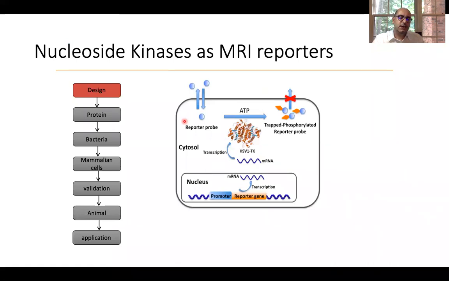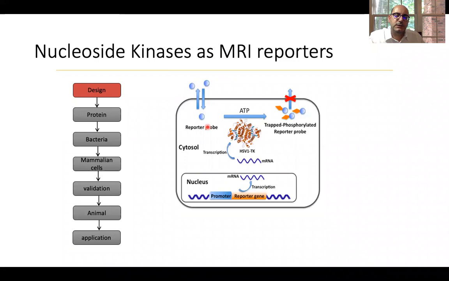So the last example that we're going to elaborate on is using nucleoside kinase as an MR reporter gene. Some of you are familiar with this kind of reporter gene from the HSV-TK that is quite frequently used for PET.